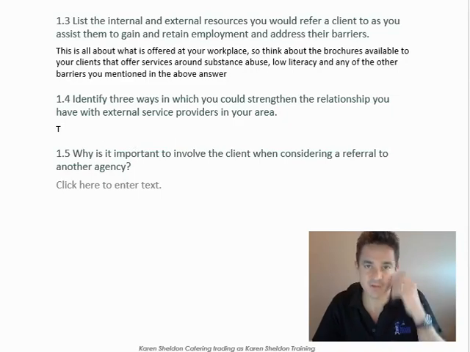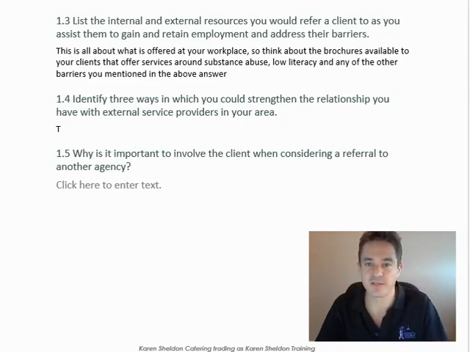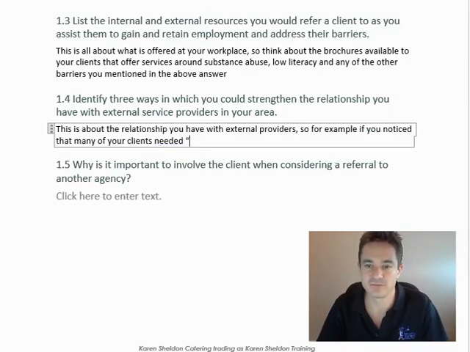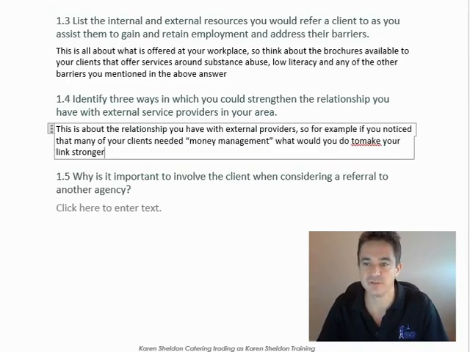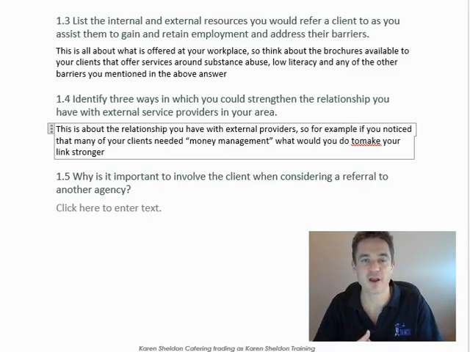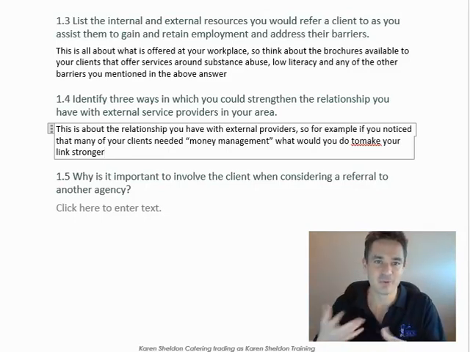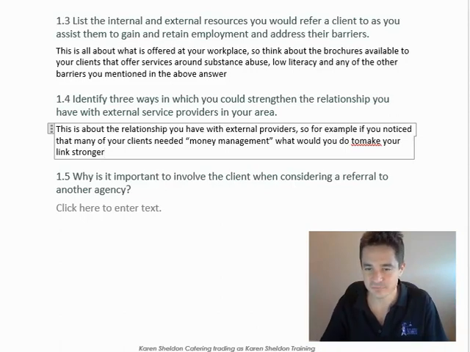So if, for example, you found that you had quite a bunch of clients needing money management, you might like to make your link stronger. If you were finding that you couldn't book people in well, or there was some sort of miscommunication about what was expected from you to provide for the job seeker for that course, what would you do differently? How would you get better communication with them?